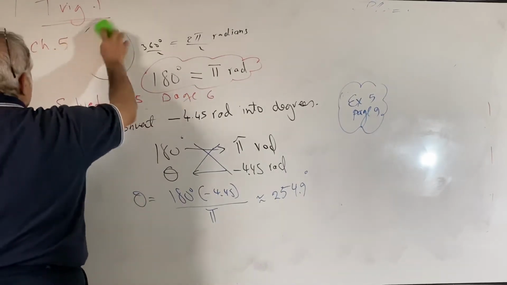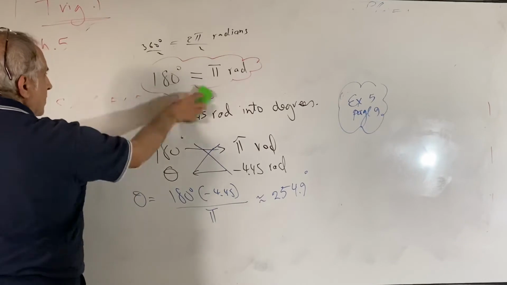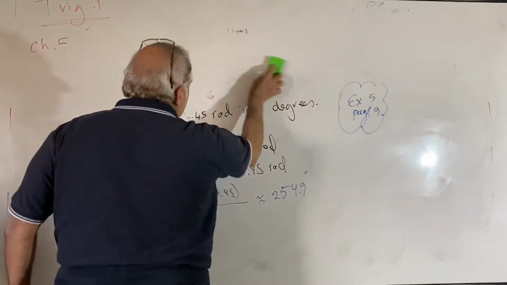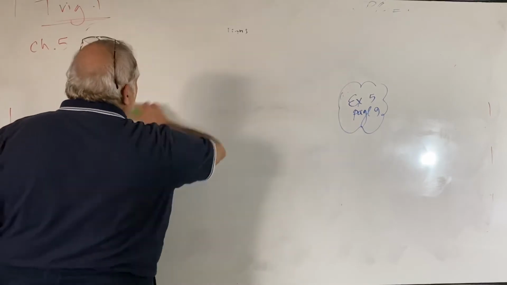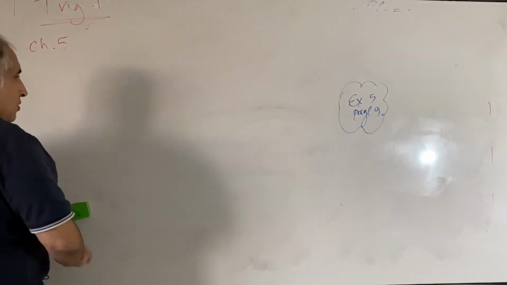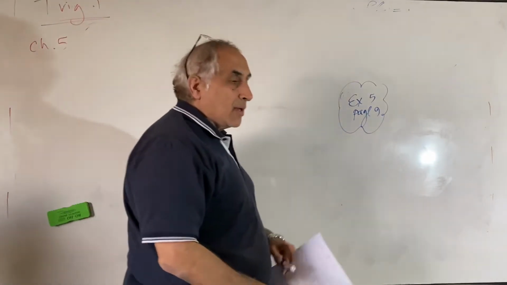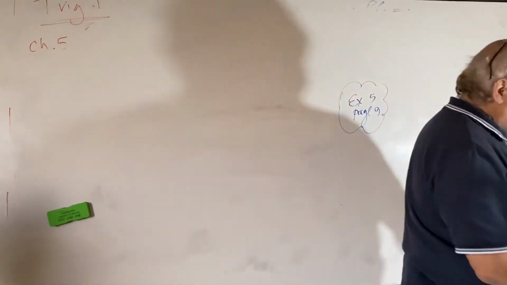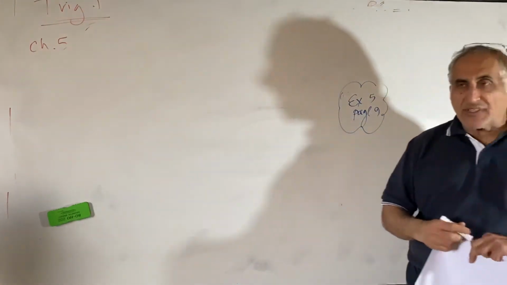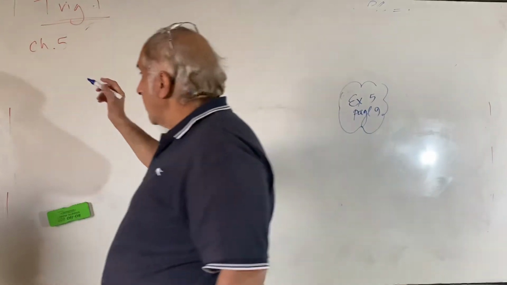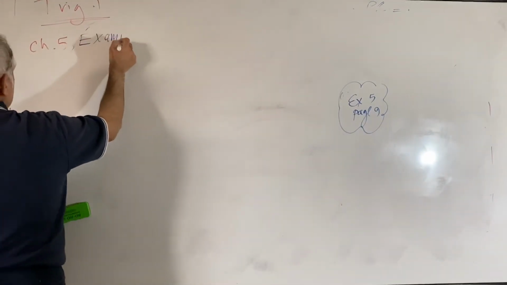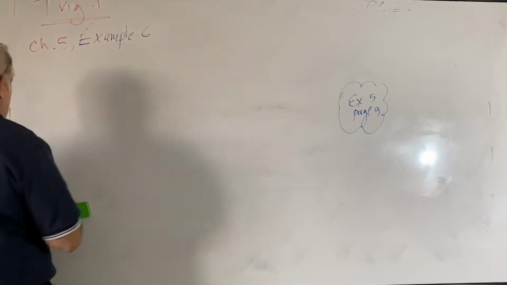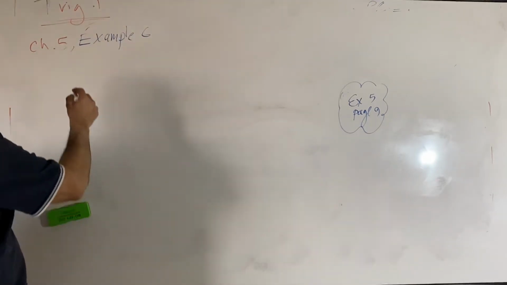Now, the second thing of this video. Many times in engineering, you are required to work with certain angles using the calculator properly. So I'm looking at Example 6, which is on page 10.